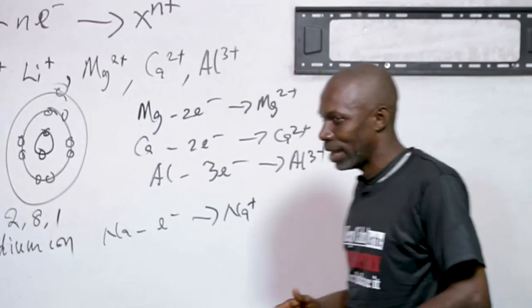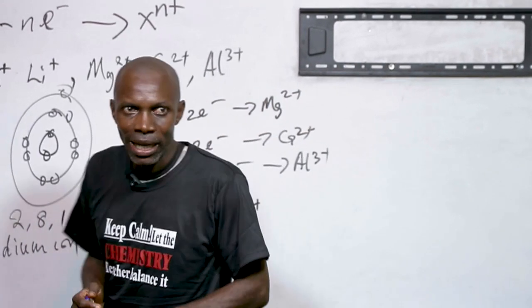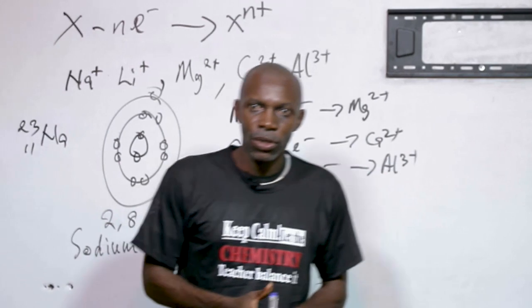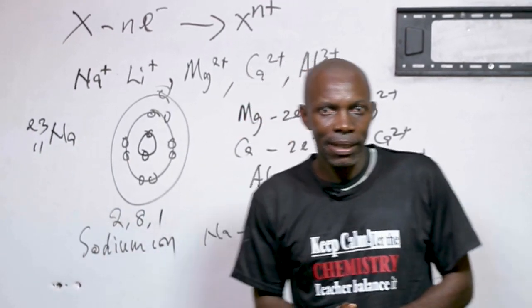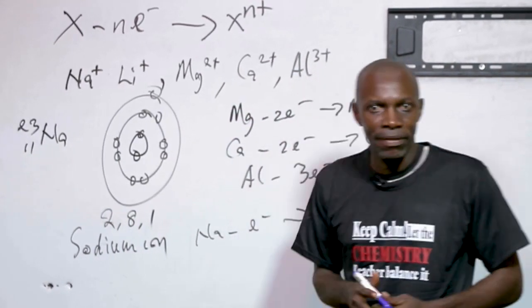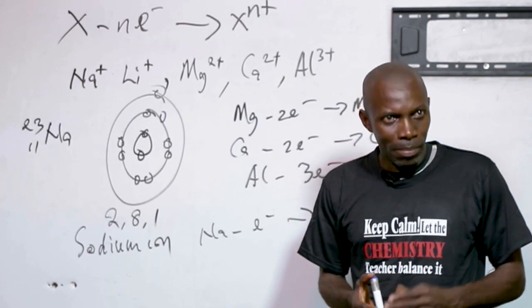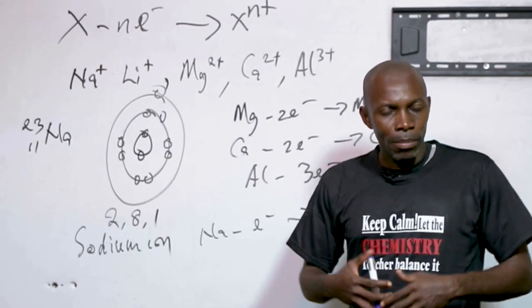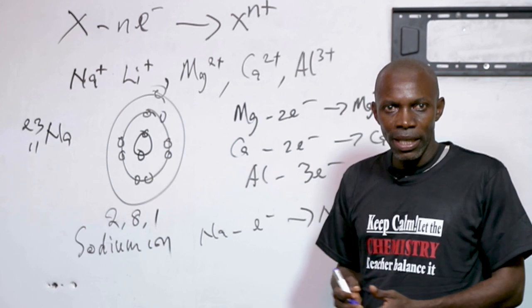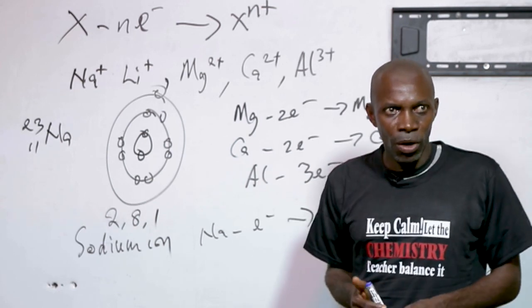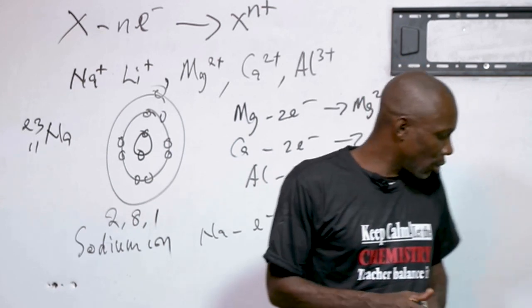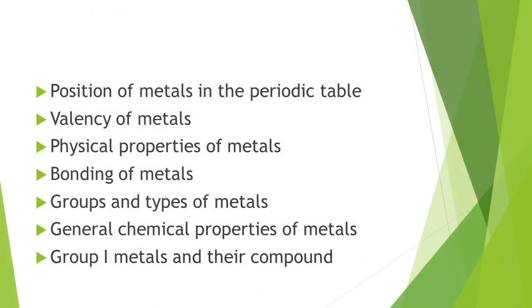So based on that, a metal is a good reducing agent. All right, we have seen the definitions of metals based on ionization, based on electropositivity, and based on reducing property.